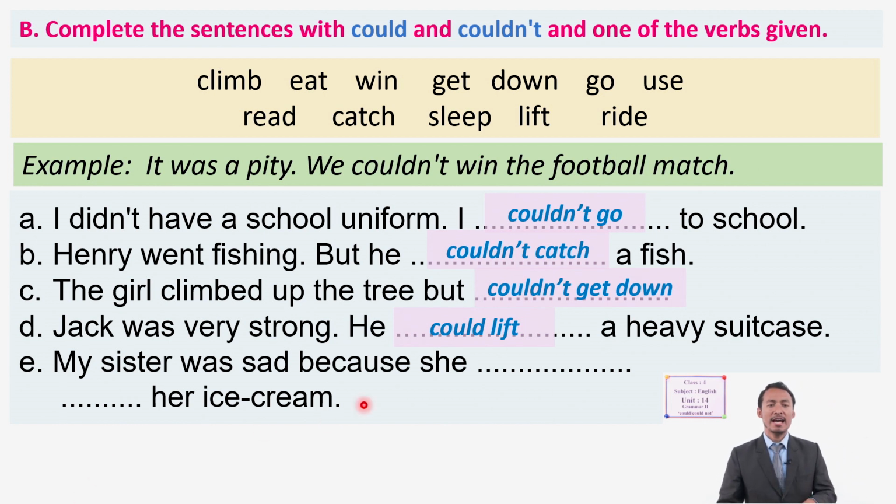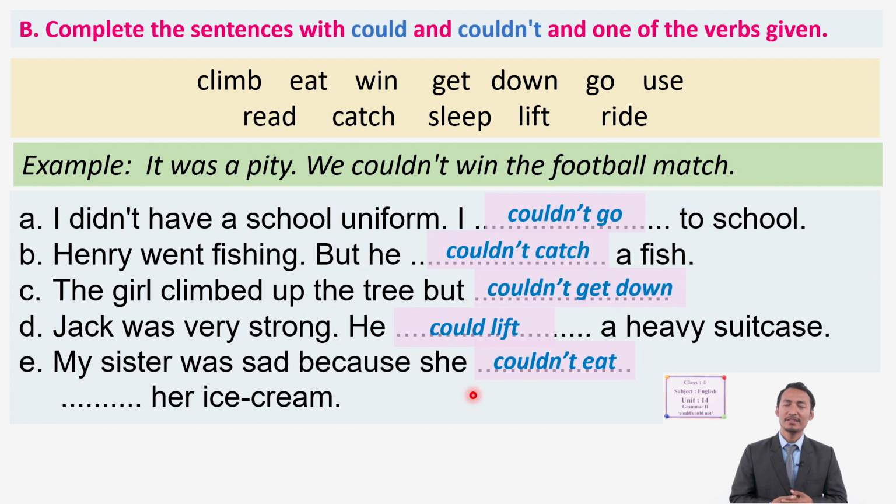My sister was sad because she her ice cream. When you become sad, when you couldn't eat or have something which you wanted, then you become sad. So she became sad because she couldn't eat her ice cream.